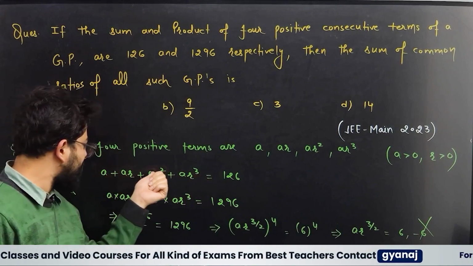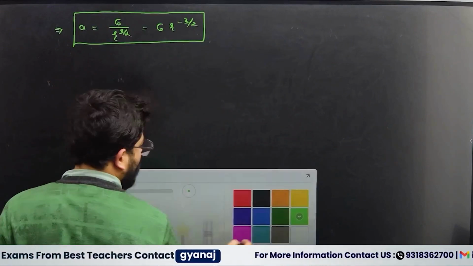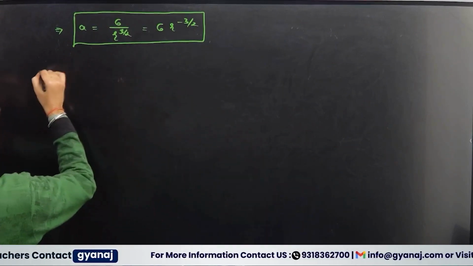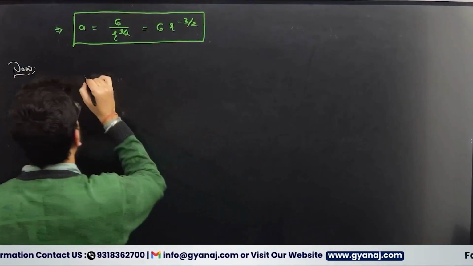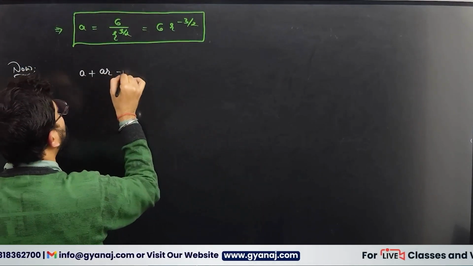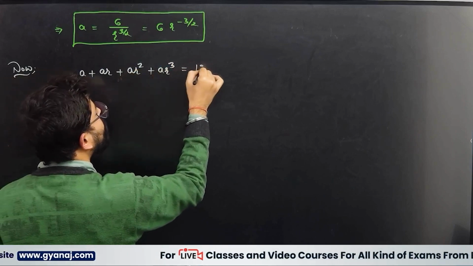A plus AR plus AR square plus AR cube is equal to 126.